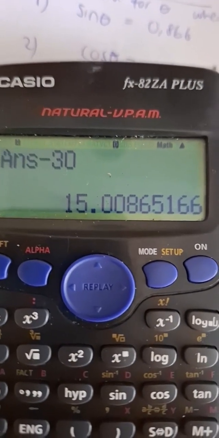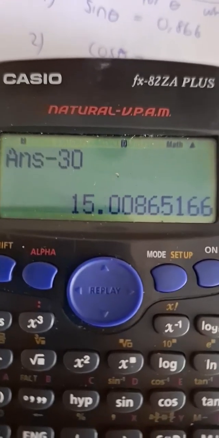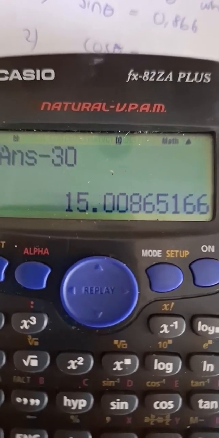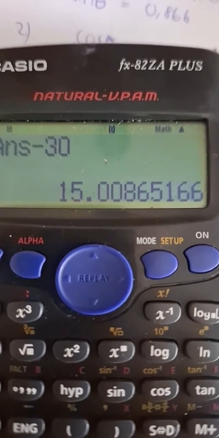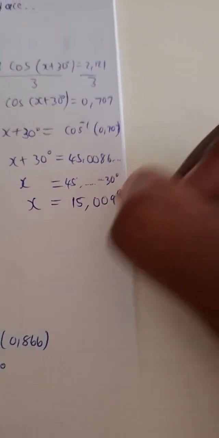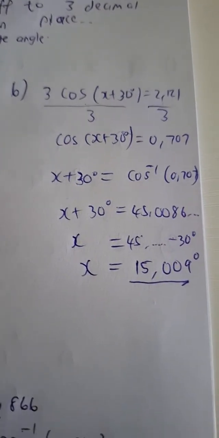The message that the 8 receives from the 6 is that we need to go up by 1, because remember, when the number is 5, 6, 7 or more, it tells the previous number to go up by 1. So the answer is 15,009 degrees, because they said we need to round off to 3 decimal places.